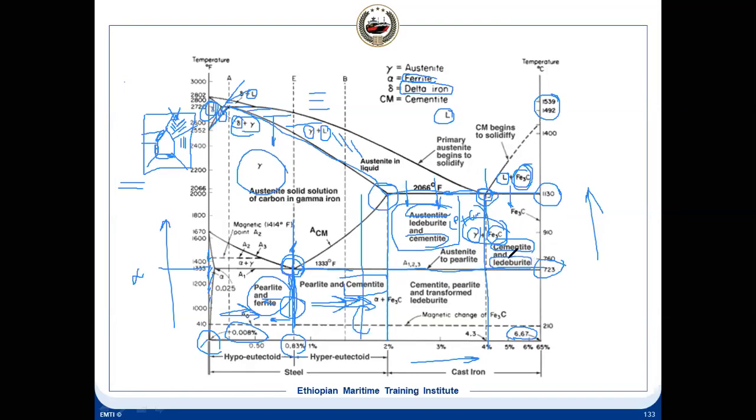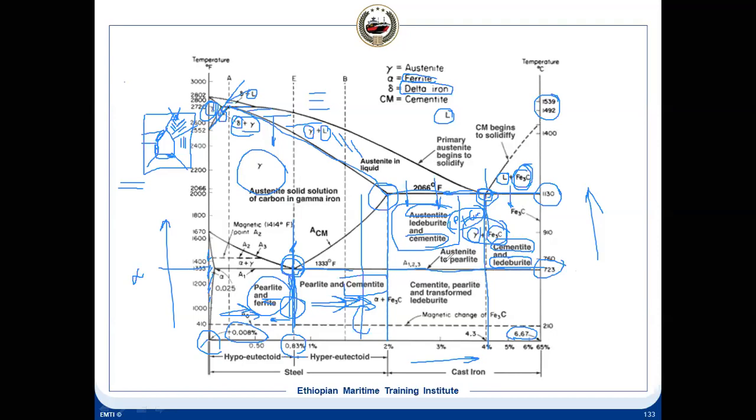What is ledeburite? Nothing but pearlite and cementite. So on this side, austenite does not exist. It will be ledeburite, that is pearlite and cementite, and pure cementite. This will be a very, very hard material.